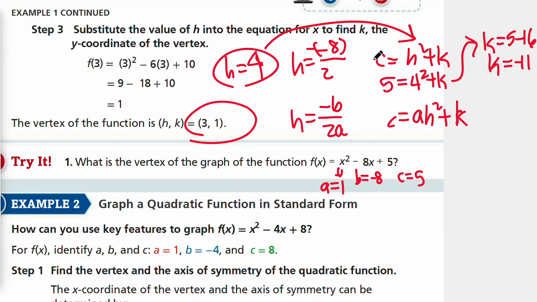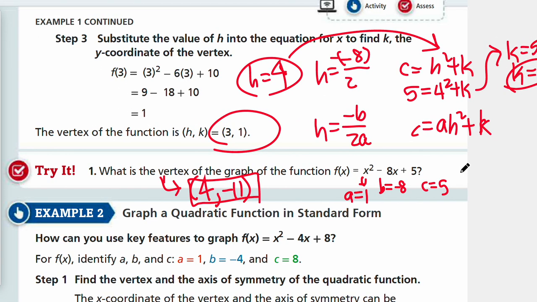So now that we have h and k, we can write the vertex as 4, negative 11. Okay, so that is our vertex by the standard form, x squared minus 8x plus 5.